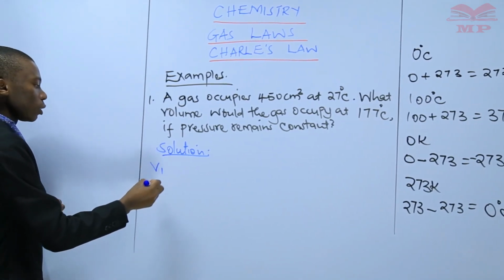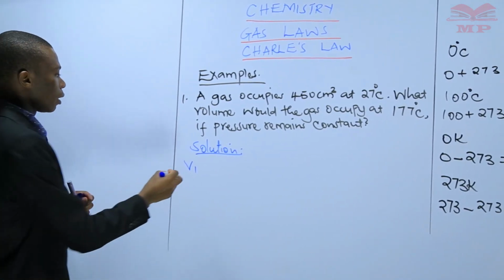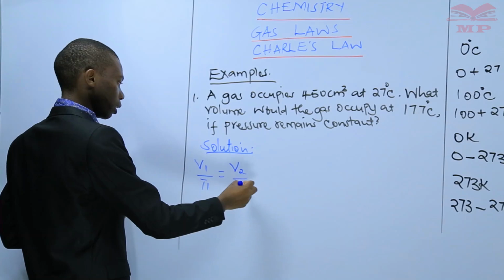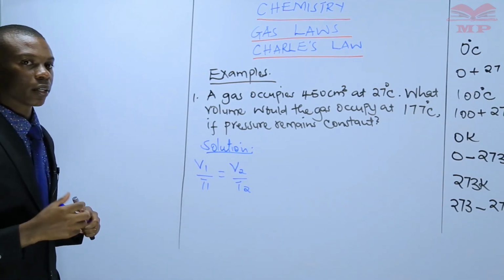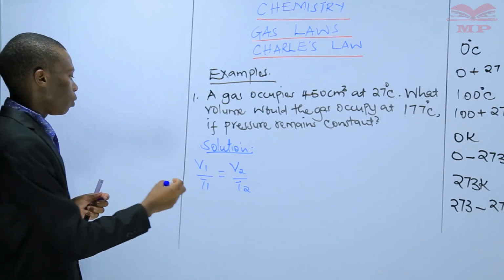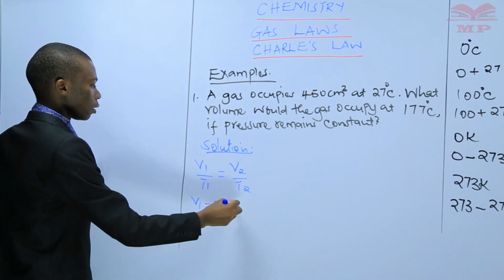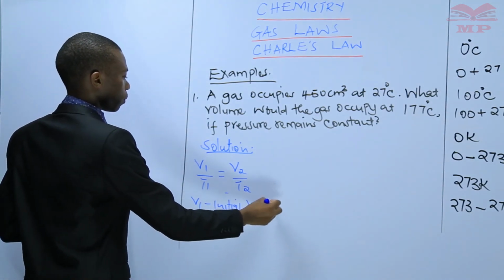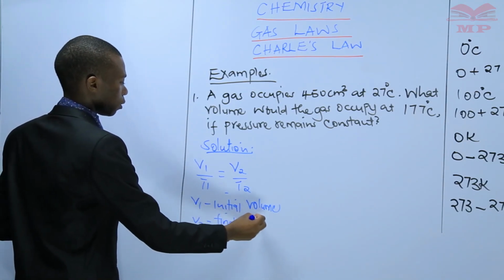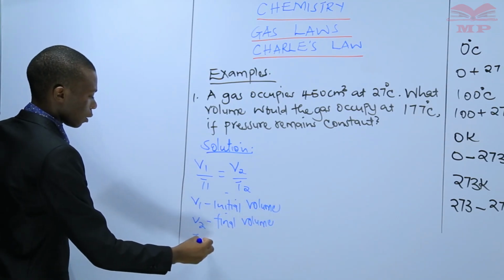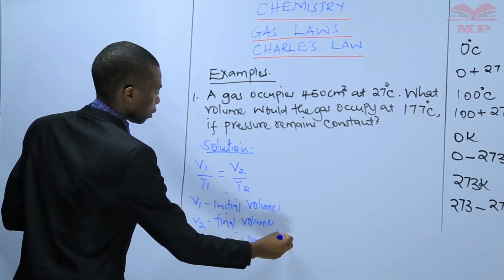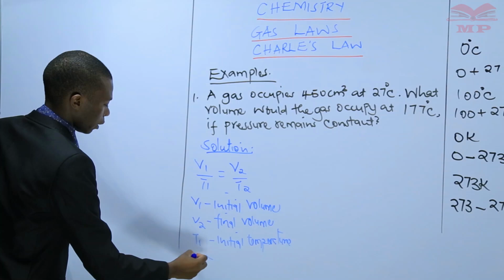This is the relationship we use: V1 over T1 is equal to V2 over T2, where V1 is the initial volume, V2 is the final volume, T1 is the initial temperature, and T2 is the final temperature.